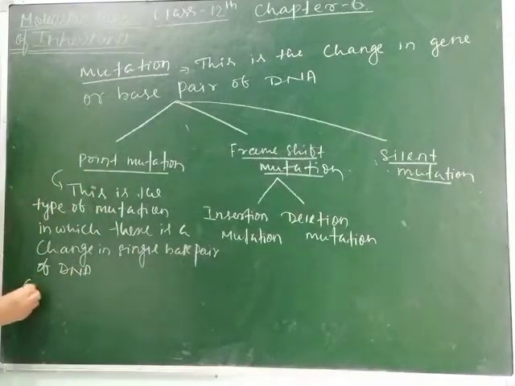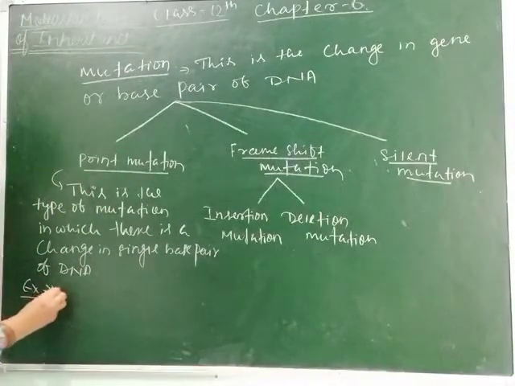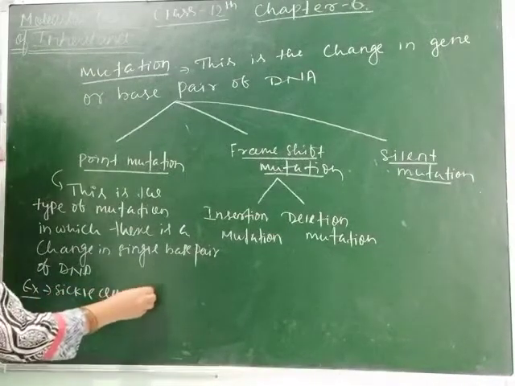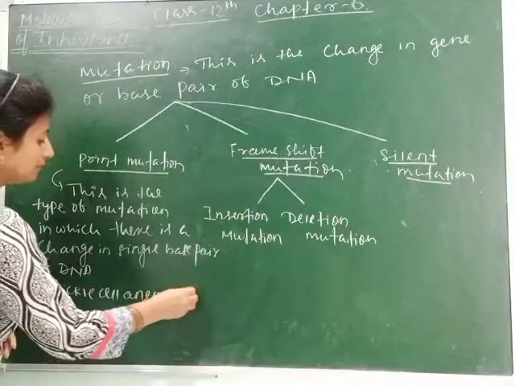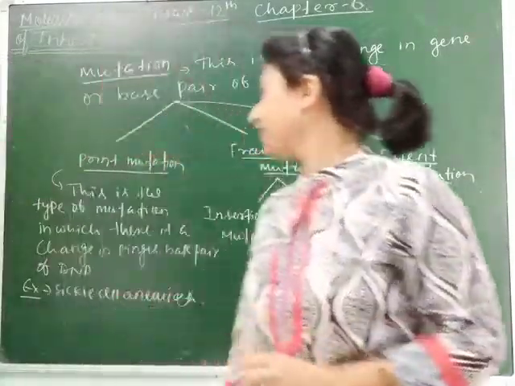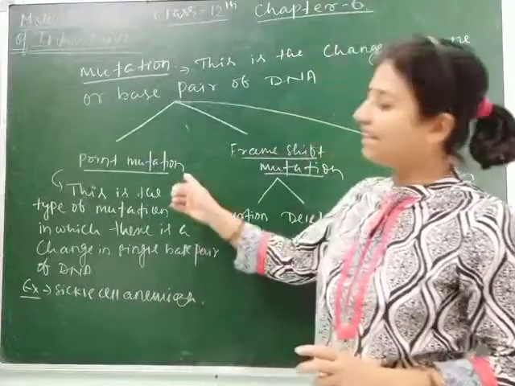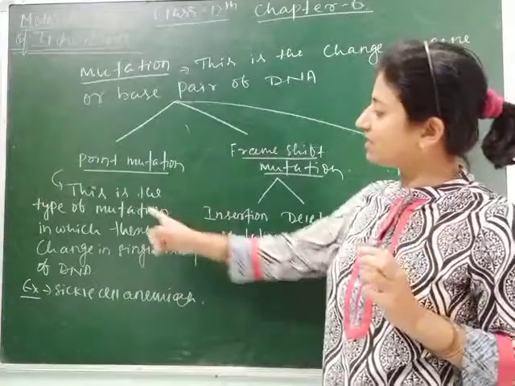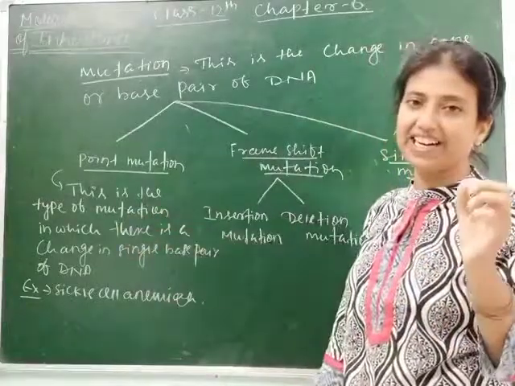And the best example to explain point mutation is sickle cell anemia. You already studied in chapter 5 what sickle cell anemia is and how it is a good example of point mutation. In point mutation, a single base pair gets changed.